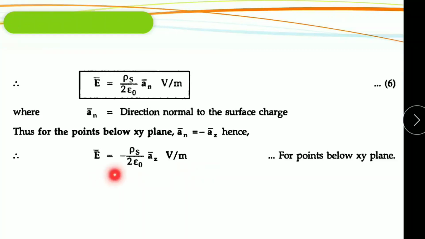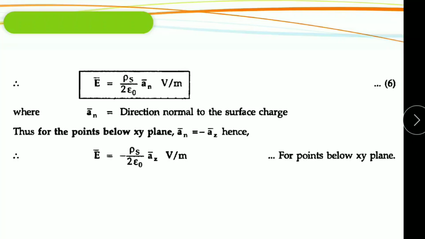So this is the electric field intensity for an infinite sheet of charge where the point lies below the xy plane, that means the negative z axis. So this is the expression for electric field intensity in the case of a circular ring, which we also discussed in this session, and also the infinite sheet of charge.